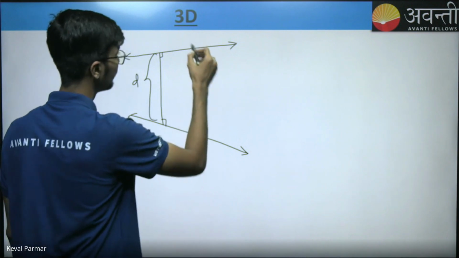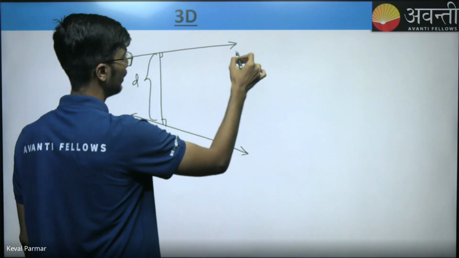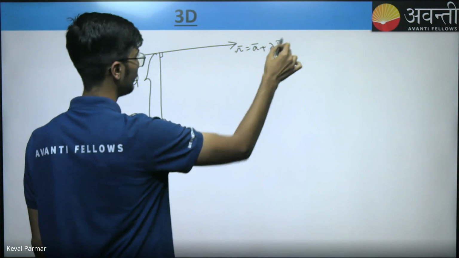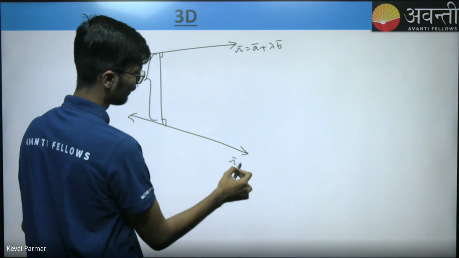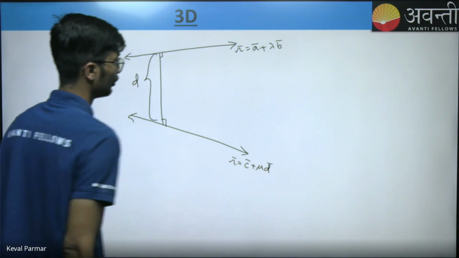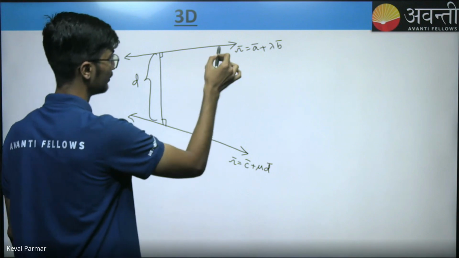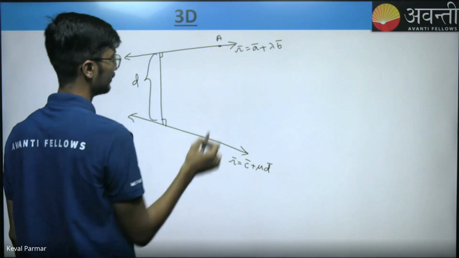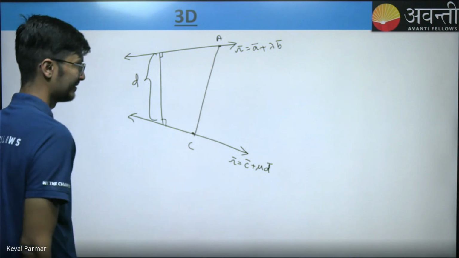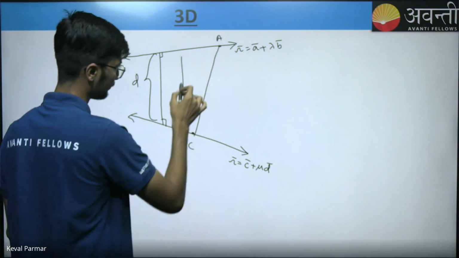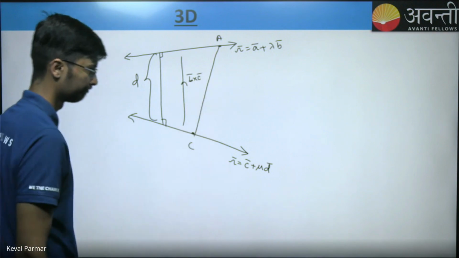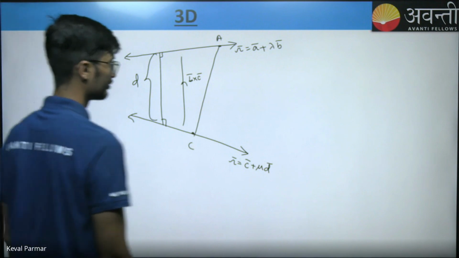Let's say the equation of this line is r vector equals a vector plus lambda times b vector, and r vector equals c vector plus mu times d vector. So here this is a point A and this is a point C. If we join this, we'll get AC, and this is b vector cross d vector. How do we find the shortest distance?